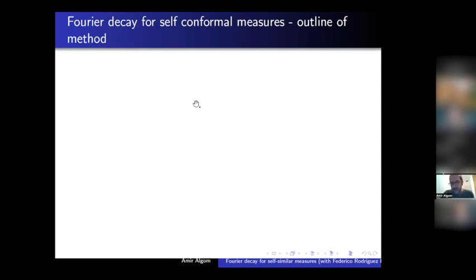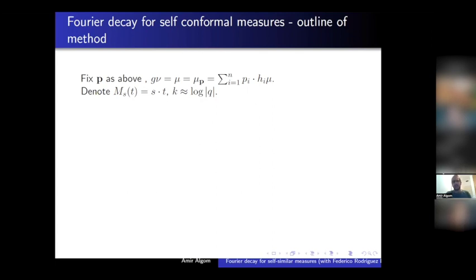So we fix a probability vector P as above. We fix our push measure, which is stationary. And let me also introduce one final piece of notation. M_s is the scaling map, and k will be roughly the log of the frequency. Actually, the dependence of k on the frequency is very important, but I won't have time to go into how we do that.